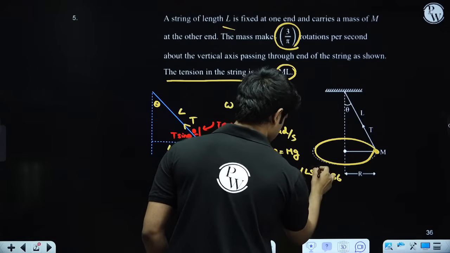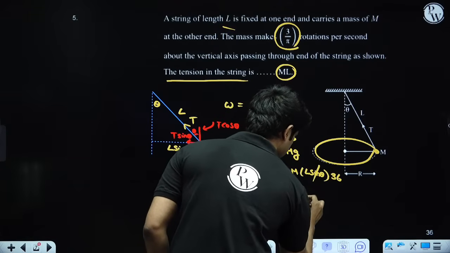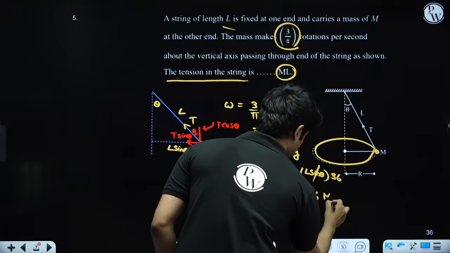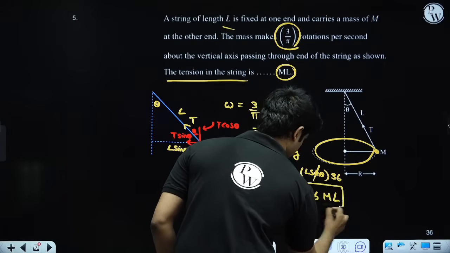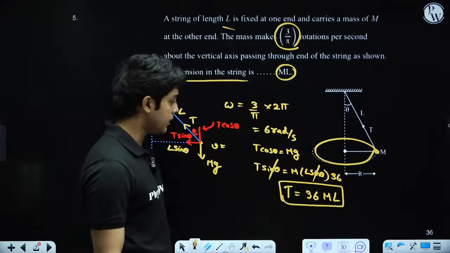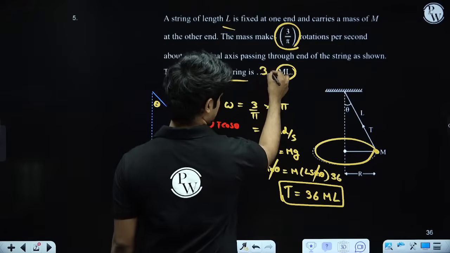So sin theta cancels out, and we get the tension as 36 mL. Okay, so they wanted the answer in mL, so the answer will be just 36.